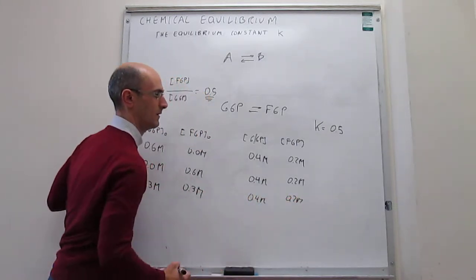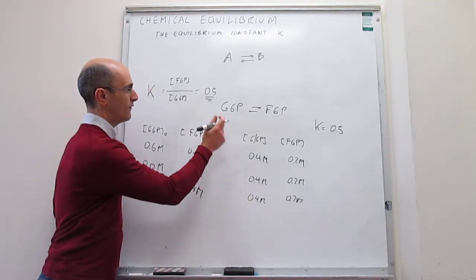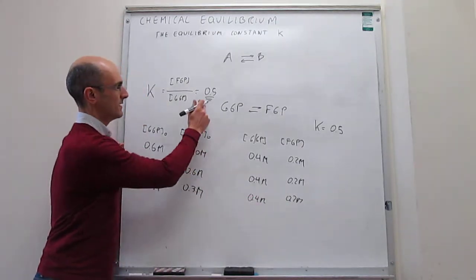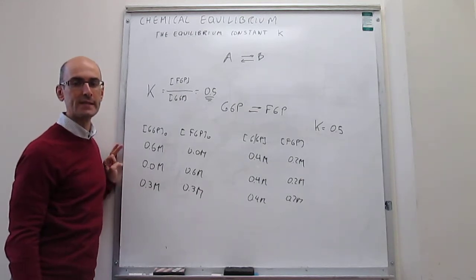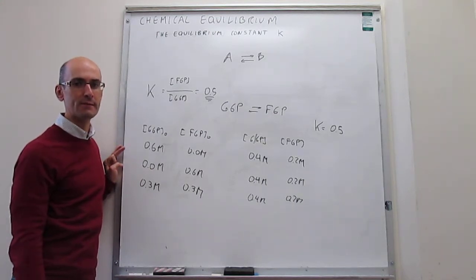Okay. All right. So notice that the ratio of products over reagents is still going to be 0.5, which further corroborates the idea that the value of the equilibrium constant is essentially a constant, for a particular temperature.